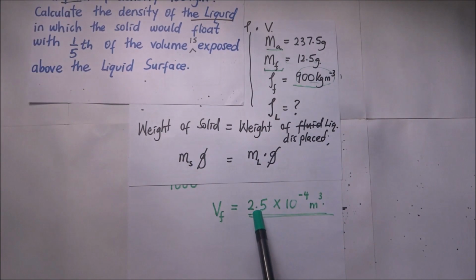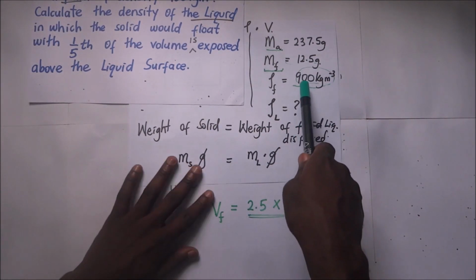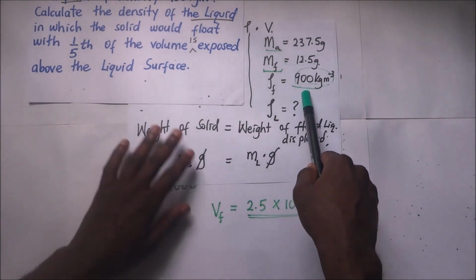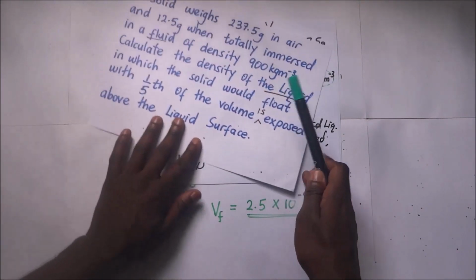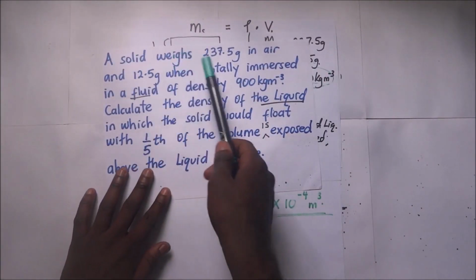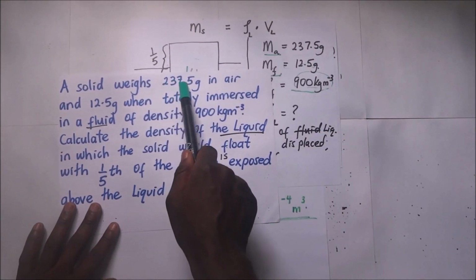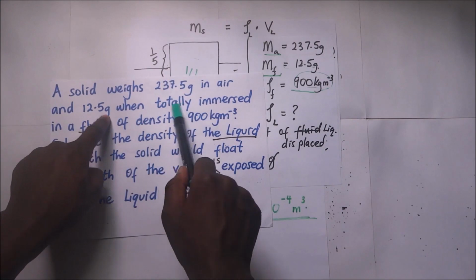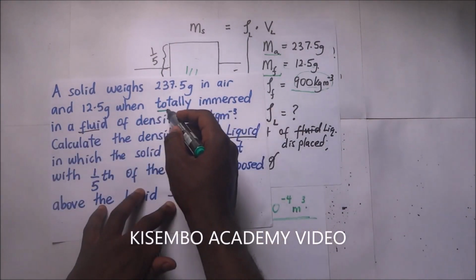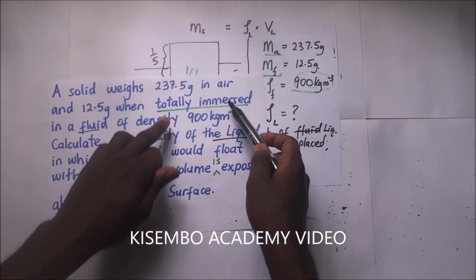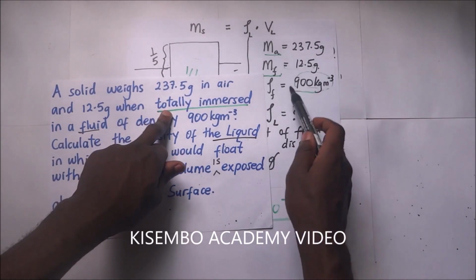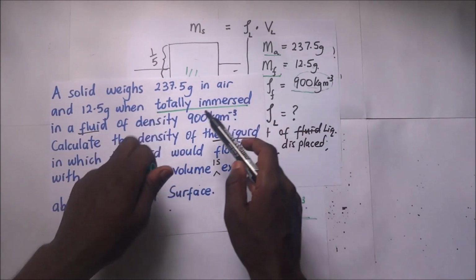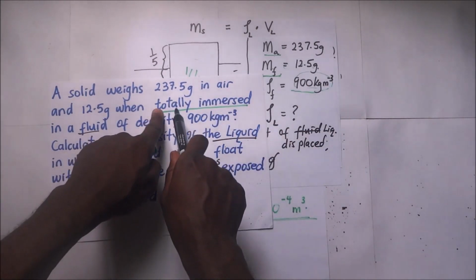But remember, when we talk of this being the fluid that was displaced, this fluid we are talking about of 900 kilograms per meter cubed, the question tells us that a solid weighs 237.5 grams in air and 12.5 grams when totally immersed in a fluid. So by the time it was immersed in this fluid of 900 kilograms per meter cubed, the question says it had been totally immersed.